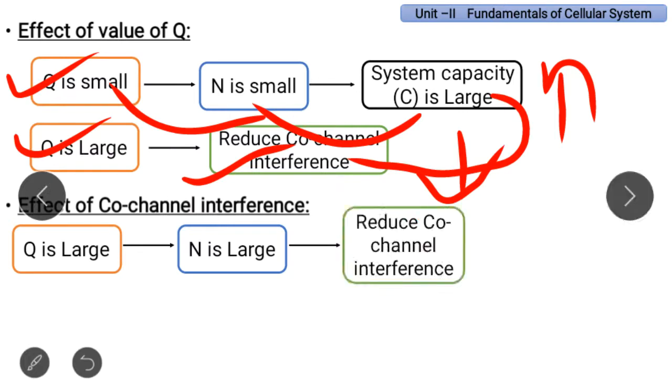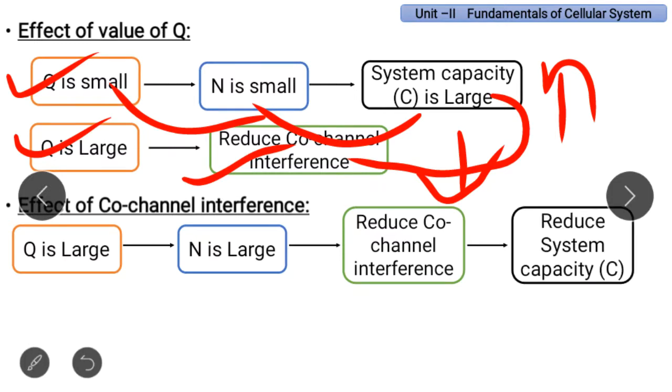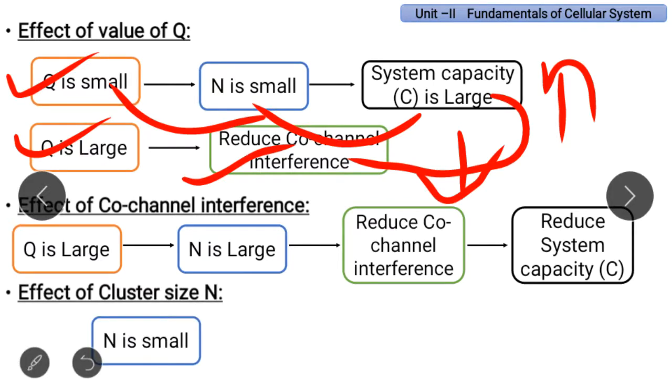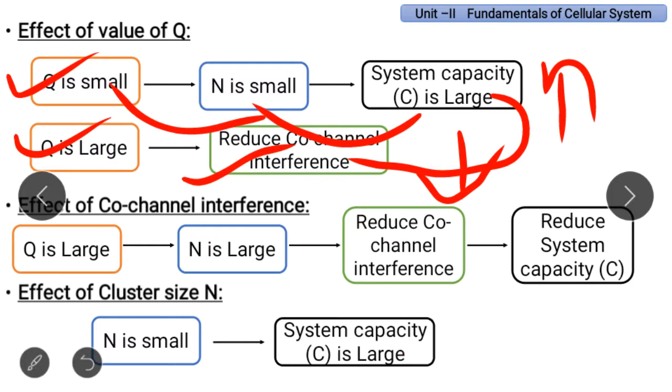Then we reduce co-channel interference but also reduce the system capacity. Next is the effect of cluster size. If n is small, then system capacity is large. So these are the effects of co-channel interference and system capacity.